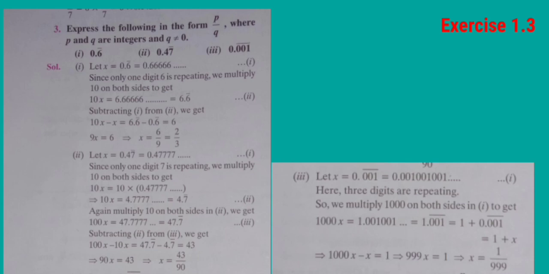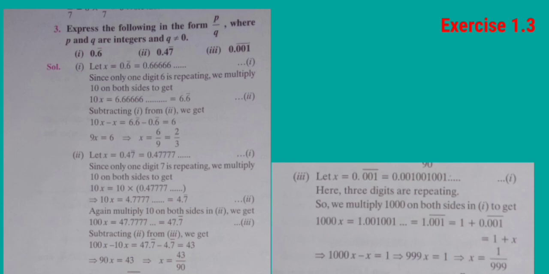In the first question it is 0.6 bar, which means 0.666 dot dot dot. So first of all we will put x equals 0.6 bar, meaning x equals 0.666 dot dot dot, and this will be equation number 1. Now since one digit is repeating, we will multiply equation 1 by 10 on both sides.